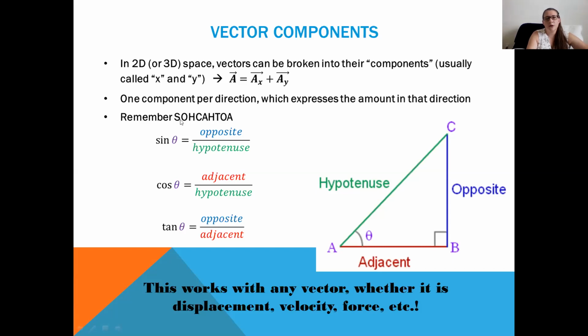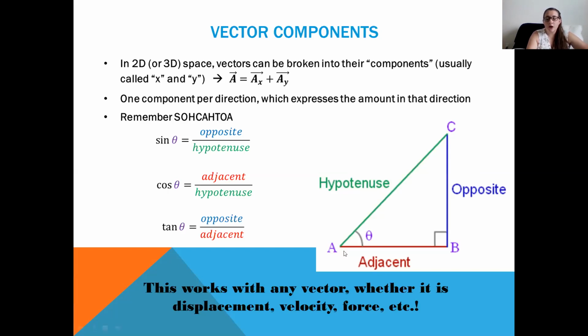And what this stands for is the sine of the angle, S, is the opposite side over the hypotenuse of our triangle. The cosine of our angle is the adjacent side over the hypotenuse. And the tangent of our angle is the opposite side over the adjacent side, TOA.